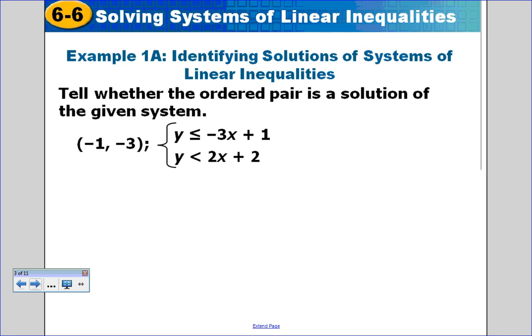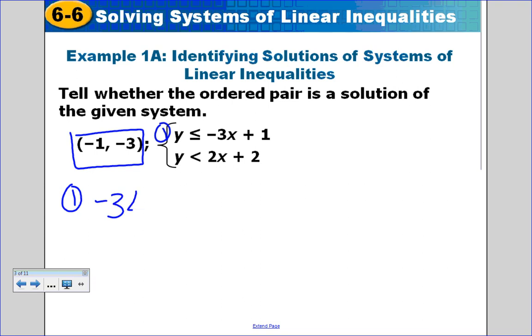Example 1. Tell whether the ordered pair is a solution of the given system. Okay, so we've done this before. This should be review. So you're just going to take this ordered pair and plug it in to both of these inequalities and determine whether or not it's true. So for my first inequality, I'm going to plug in -1 for my x and -3 for my y.